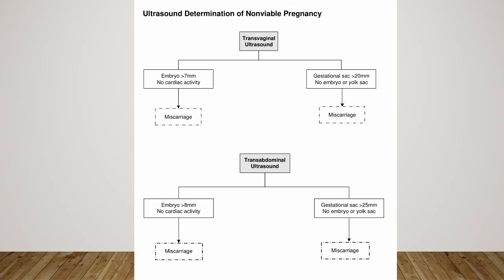And if the gestational sac is more than 20 mm and there is no embryo or yolk sac, it is a miscarriage, but it should be confirmed by a repeat scan. In transabdominal, the embryo size should be more than 8 mm with no fetal cardiac activity, and the gestational sac more than 25 mm with no embryo or yolk sac, so it's a miscarriage. So 7 and 20 for TVS and 8 and 25 for TAS.